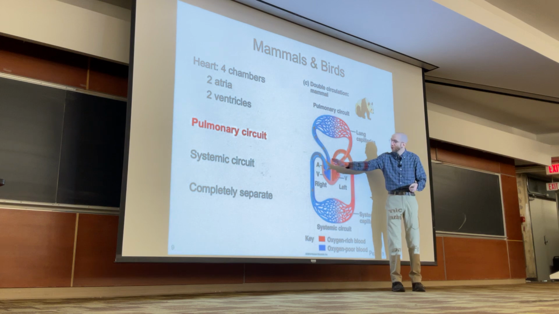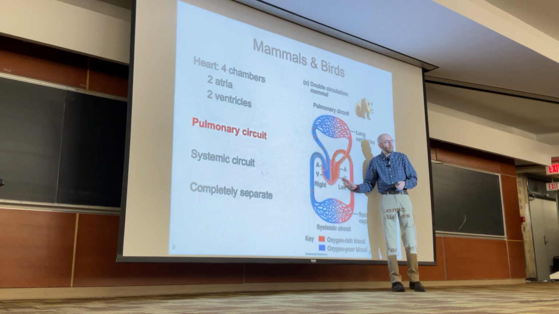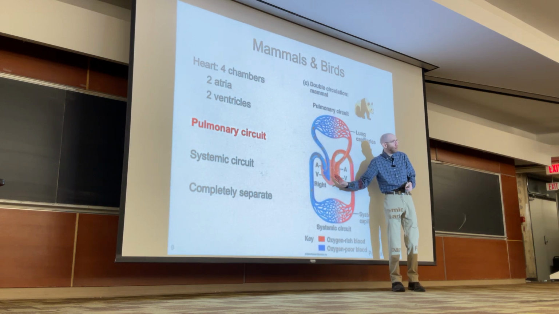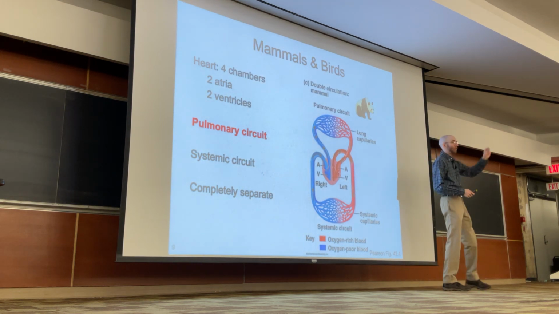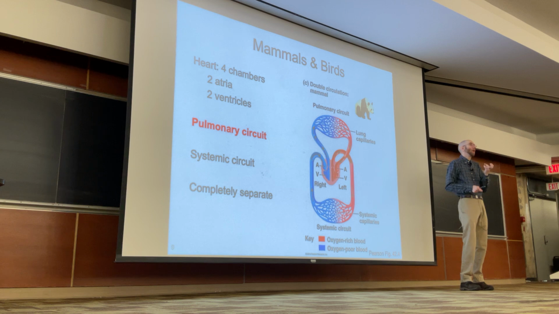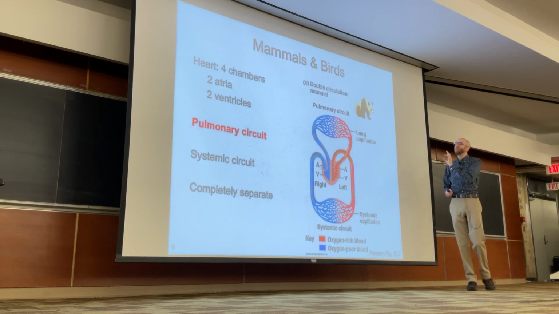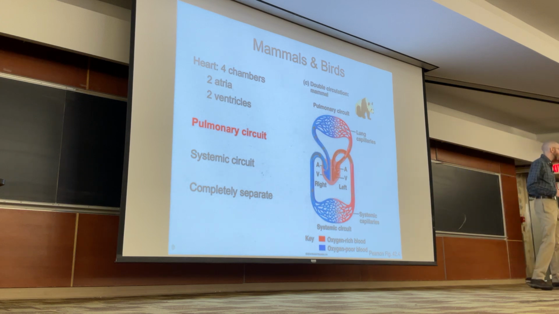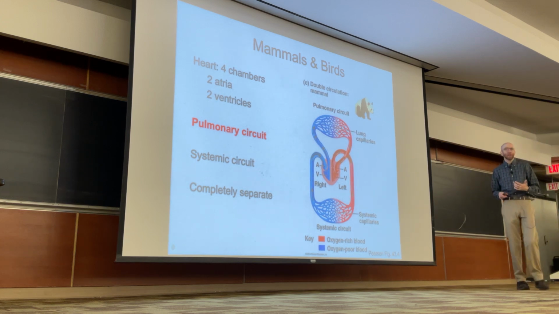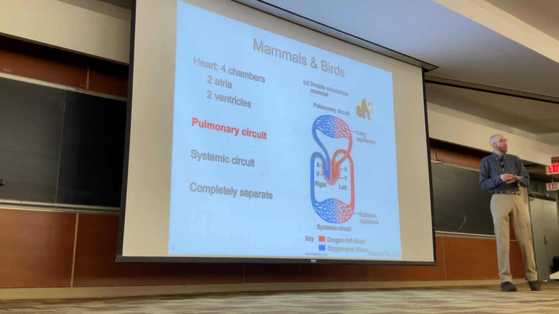So we have two atria, one on each side, right and left. We have two ventricles, right and left. So now we have complete separation not just of the circuits, but also of the blood flow in the heart itself. So there's no mixing, which makes this even more efficient. We also have a new name for one of the circuits because we no longer breathe through our skin, because we're amniotes, so we can't do that anymore.